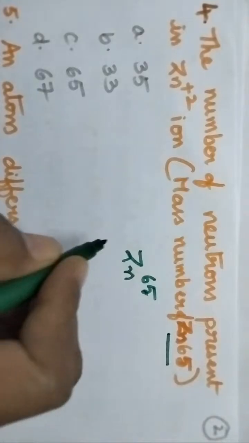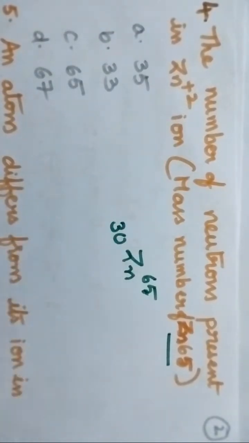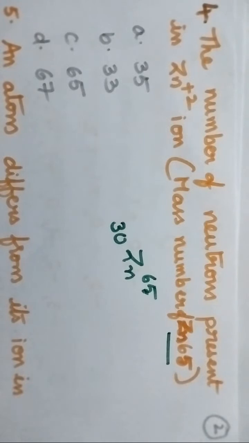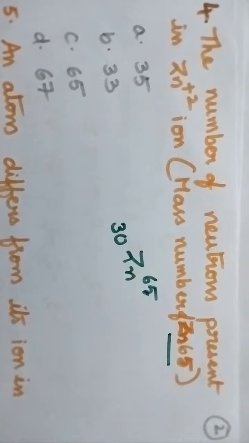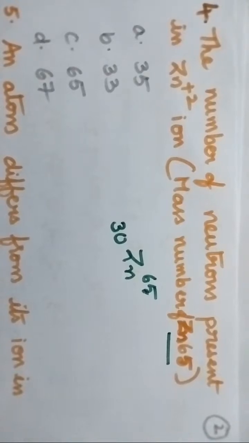30. Tilak, very good. And how to know the number of neutrons present in an atom? Mahendra, very good. So, can you calculate the number of neutrons present in Zn2+ ion?